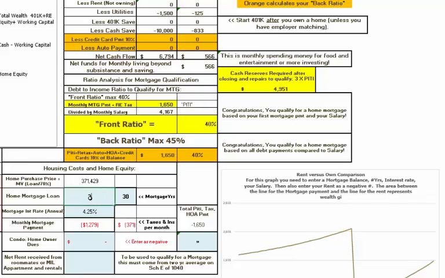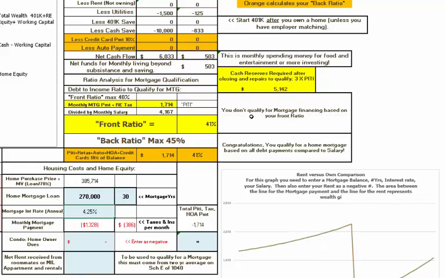Now here we don't qualify for this mortgage because the lenders will take your monthly gross income, your salary with no deductions taken out of it. They divide that into your total housing payment.